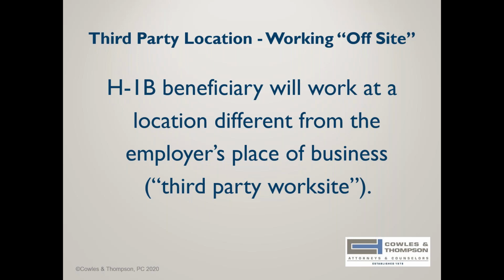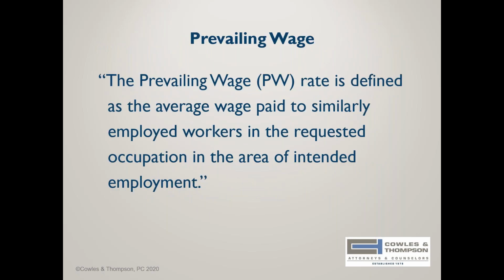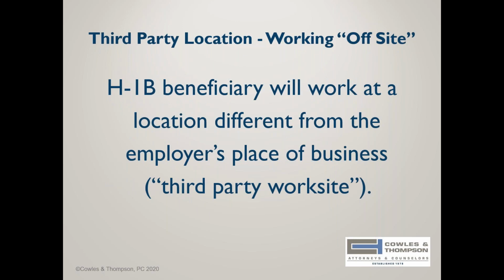The perfect example we always give, and we do work a lot with physicians in healthcare centers. So frequently we have private practitioners that have an office, but many times these physicians might spend most of their time in a hospital. So the work location might be the hospital, not the private office. And so that's a third-party location. When addressing third-party locations, what you need to keep in mind is how to prove the employer-employee relationship.